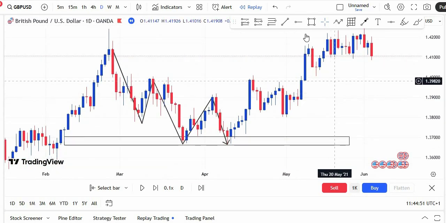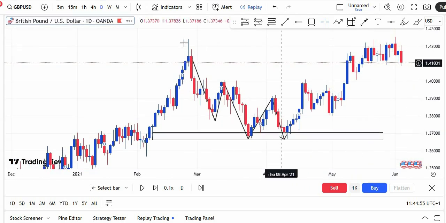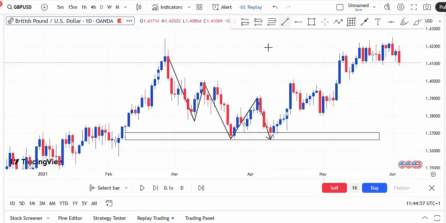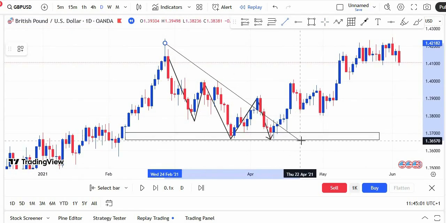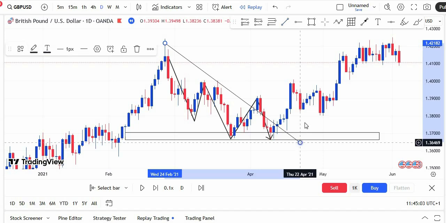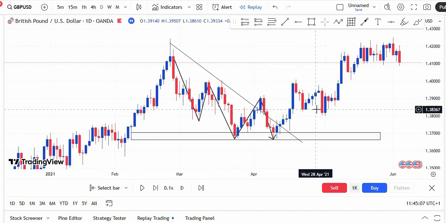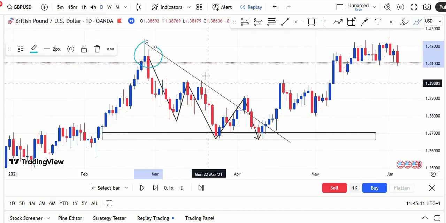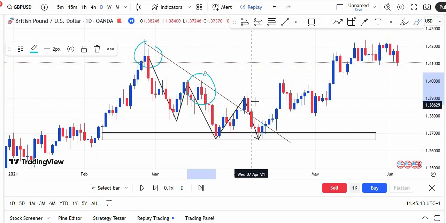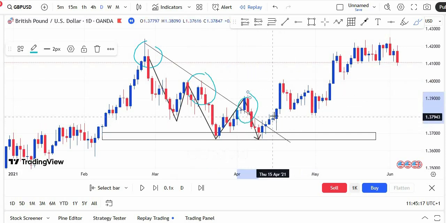The market fails to retest off of this zone. Now, if we are to draw our trend line, we have to draw it from the highest to the lowest. As you can see, this is the highest point, and the market has touches. This is the first touch, second touch, and the third touch here, which is kind of partial, which I might not validate.